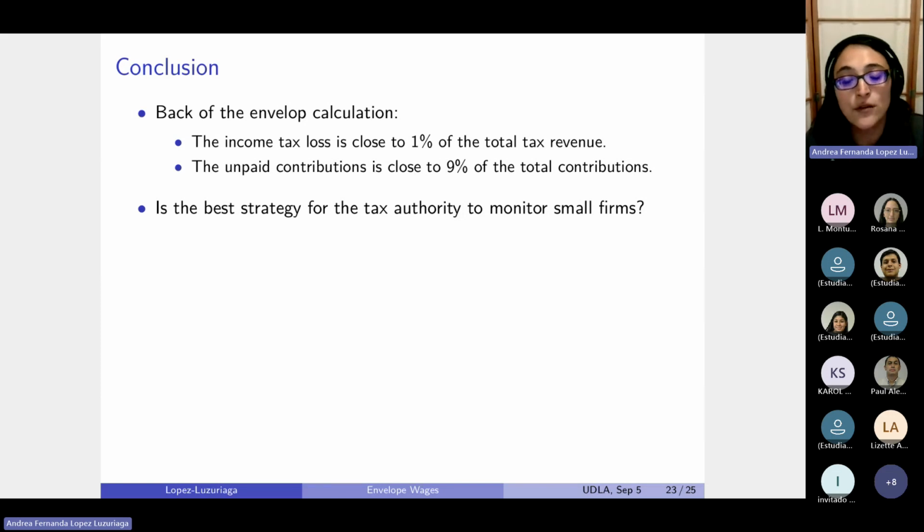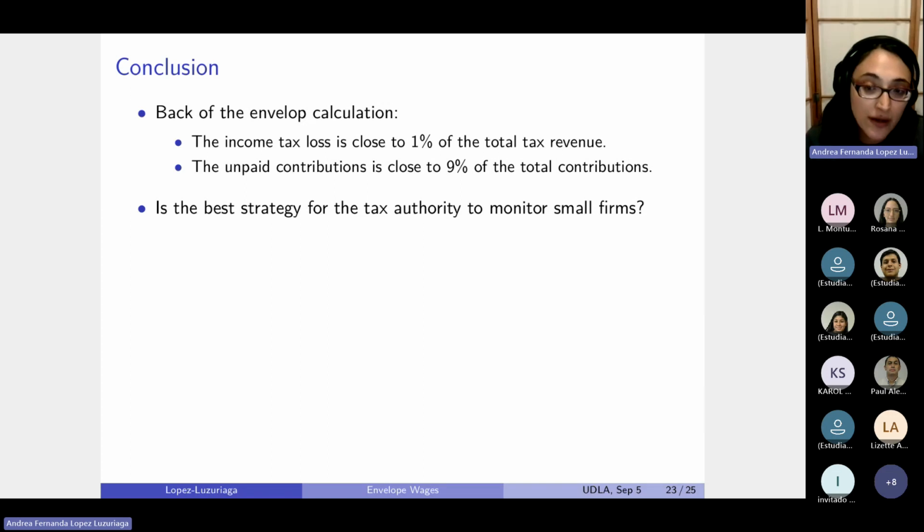But from the literature, there are two things that could happen here. A lot of the tax collection comes from tax morale, the willingness to pay taxes, not because I'm being monitored, but because I think it is a good thing to pay taxes.